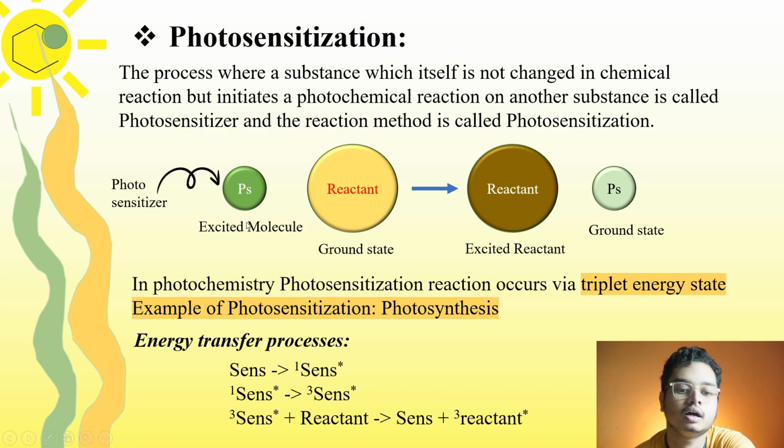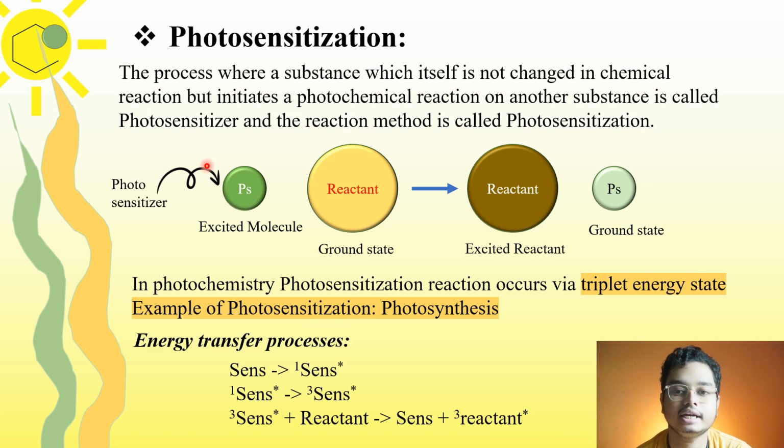Now in photochemistry, the photosensitization reaction occurs via the triplet energy state, because the triplet energy state has a higher lifetime, and that's why it gets enough time to transfer its excitation to the reactant. In this diagram, this is the photosensitizer.